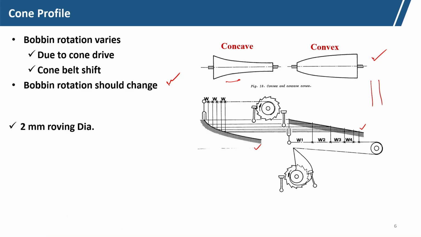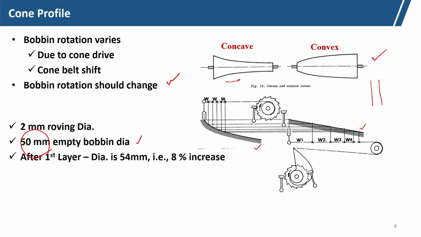Now, let us see with a simple example. Roving thickness is 2 millimeter and the empty bobbin diameter is 50 millimeter. So, for the first layer the bobbin diameter will be 50 millimeter. Now, let us see the second layer.